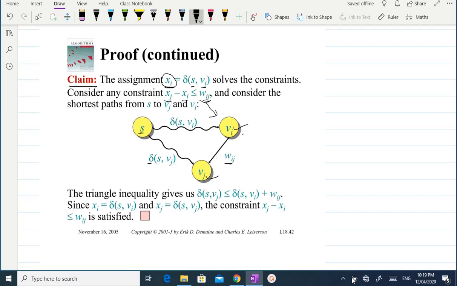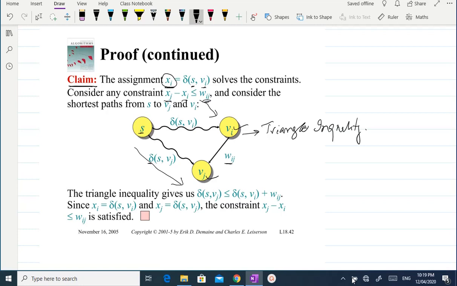If you remember, this is the triangle inequality, which we have discussed before. The shortest path between s to vj is this one.